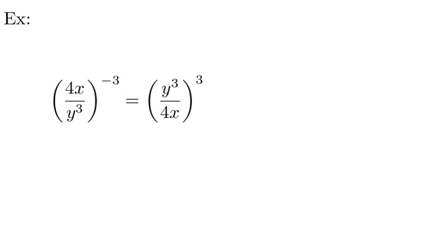So now we can say that this is equal to y to the third over 4x to the third. So the 3 distributed to the y to the third and to the 4x, to get y to the third over 4x, all to the third.